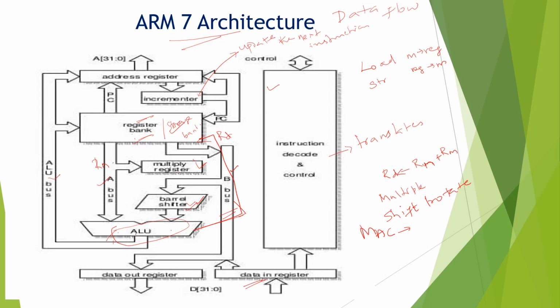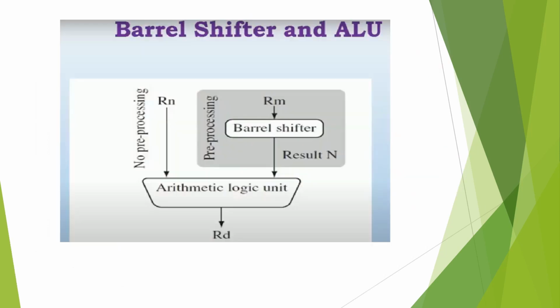The processor continues its execution of the instructions until an exception or an interrupt changes the normal execution flow. So that's all about understanding this ARM architecture. As I said, this barrel shifter is a very important one.